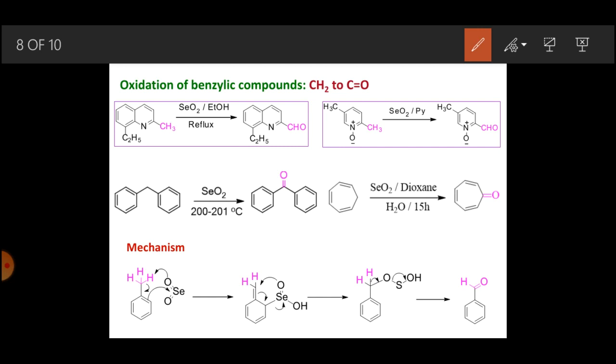This is the third example. So first it can oxidize the allylic position, then the alpha position of the carbonyl compound, and the third one is the benzylic oxidation.